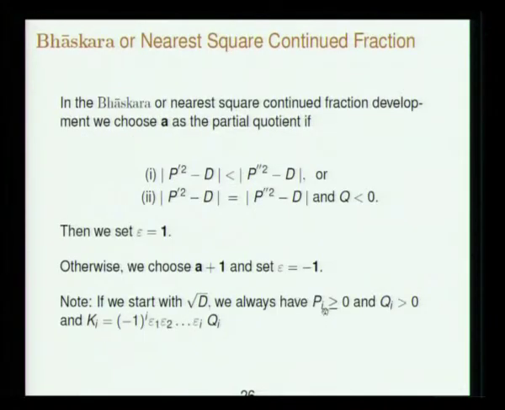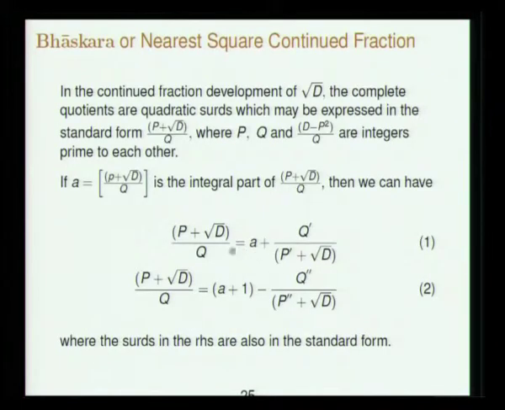And so Krishnaswamy Iyengar said, if p prime squared minus d is less than p double prime squared minus d, or when they are equal, if q is less than 0, choose a and set epsilon equal to 1. In the other case, choose a plus 1 and set epsilon equal to -1, and then he showed the relation between the quantities which appear in the Chakravala algorithm and the quantities, this k and the q, which appear in this continued fraction expansion.